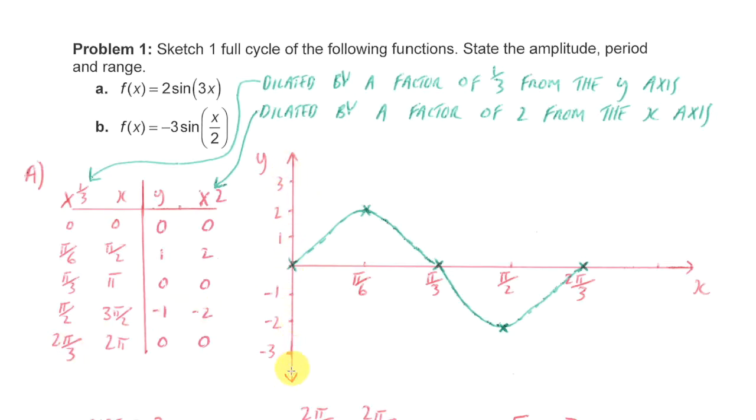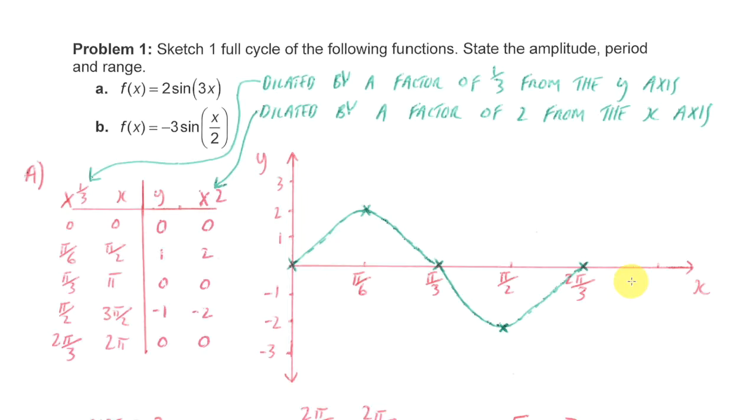Next, we set ourselves up with the axes, and we put in the critical values and mark them in. So we've got y ranging between negative 2 and 2, so I've got to show that on the y-axis. Then I space out the angles, equal distance apart, and label each of these points, going by our grid here: 0, pi on 6, pi on 3, pi on 2, 2 pi on 3.